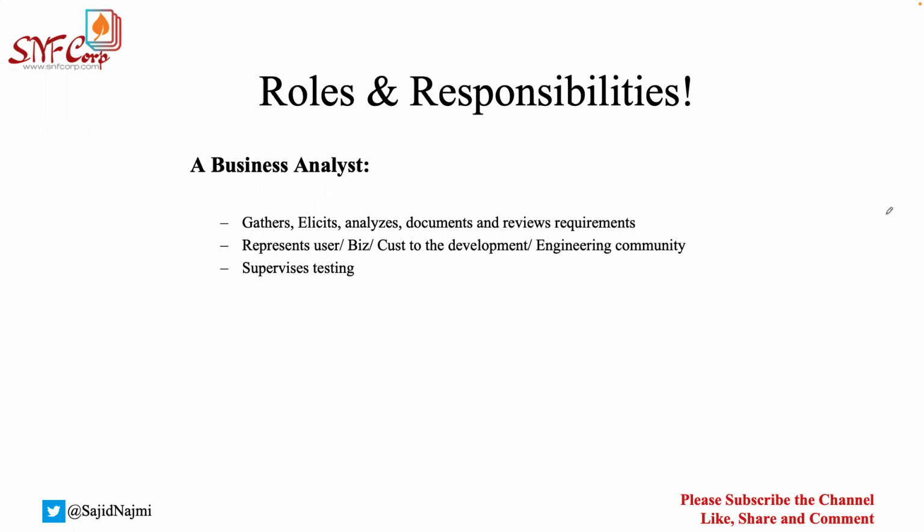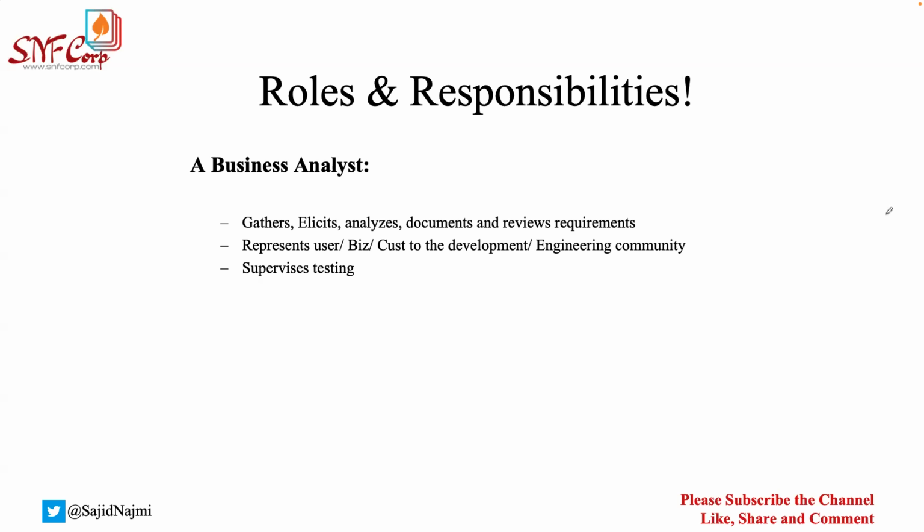So as a BA, you have to first collect the requirement from the business, elicit the requirement, working with the business and with your development team, and then you analyze further how we take things forward, and then you document all those requirements in some form. The standard form is the BRD, business requirement document. And in different companies, they name it differently.